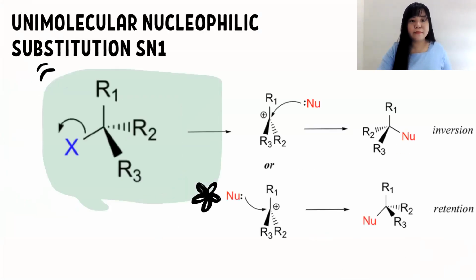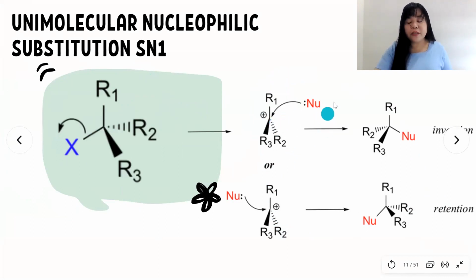Another important feature of the SN1 reaction is the possibility for either inversion or retention. After the leaving group has left to form the carbocation, notice that the nucleophile could attack the carbocation from whichever direction possible.